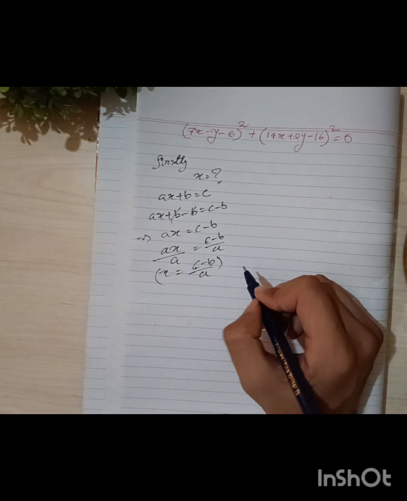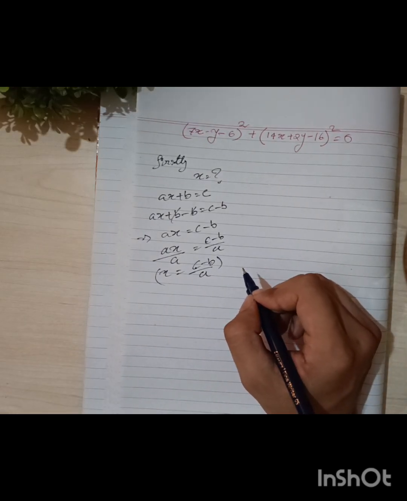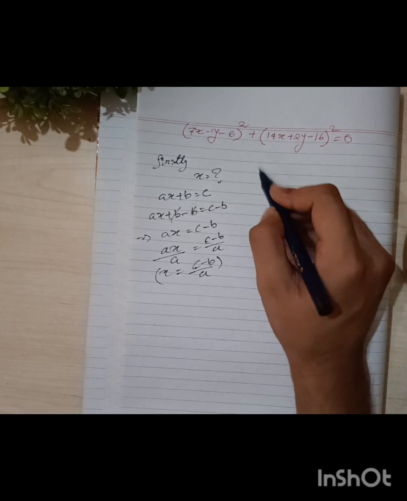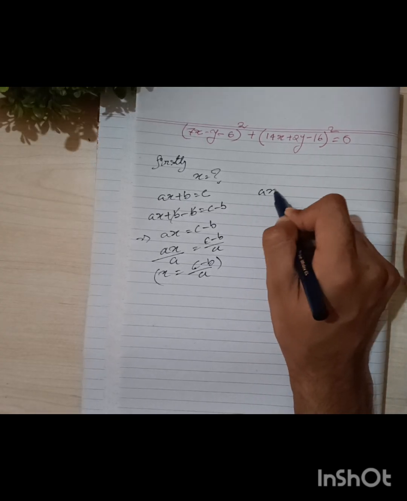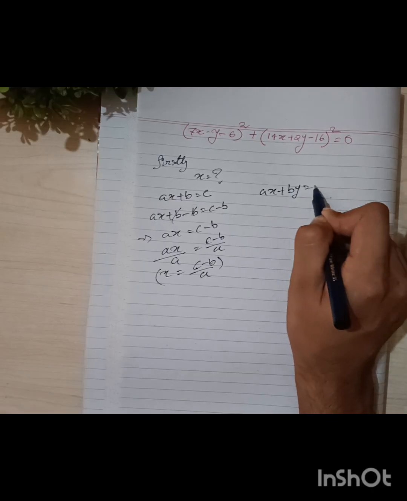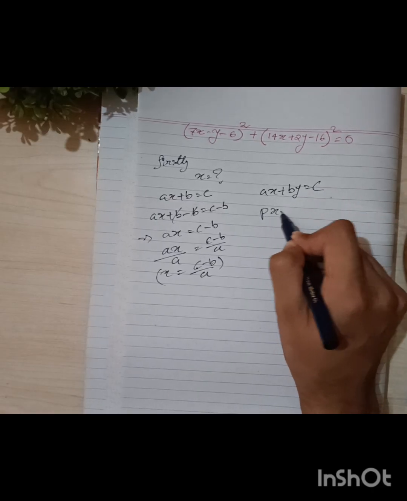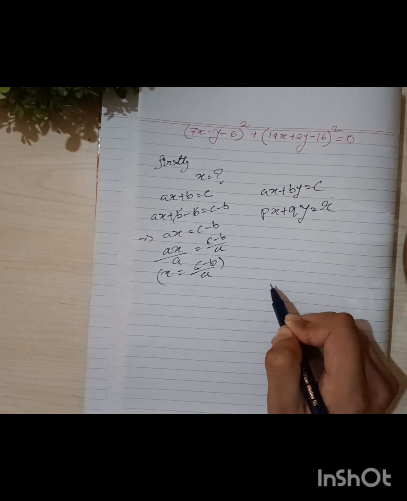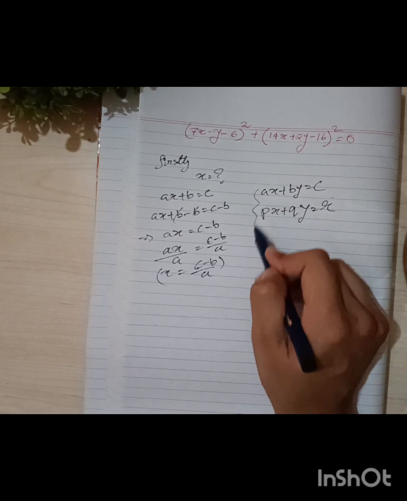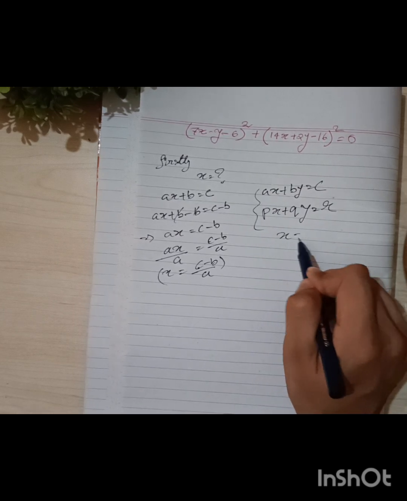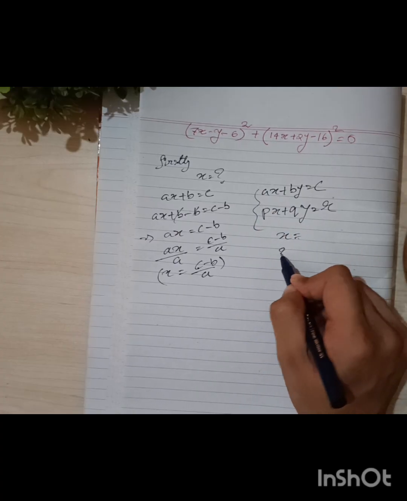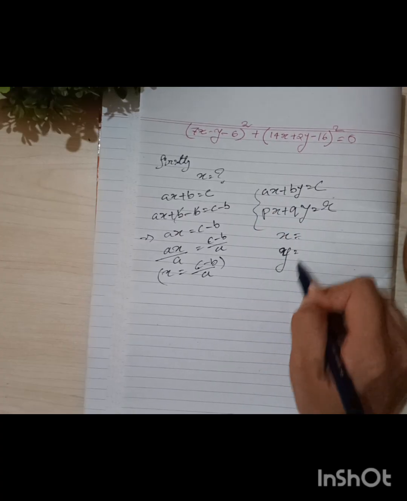Similarly, if we have to find two variables, we must have two equations to solve each other. Like this: ax plus by equal to c and px plus qy equal to r. By solving these two equations we can easily get the value of x and the value of y.